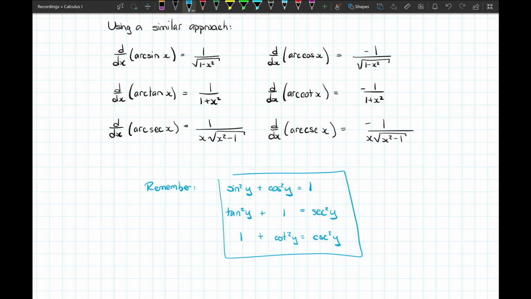If you want to use the identities, then you'll have to know the 3 different variations of the Pythagorean identities. Otherwise, just stick to triangles. Sine is opposite over hypotenuse, cosine adjacent over hypotenuse, and tangent is opposite over adjacent, with cosecant, secant, and cotangent simply being the reciprocals.